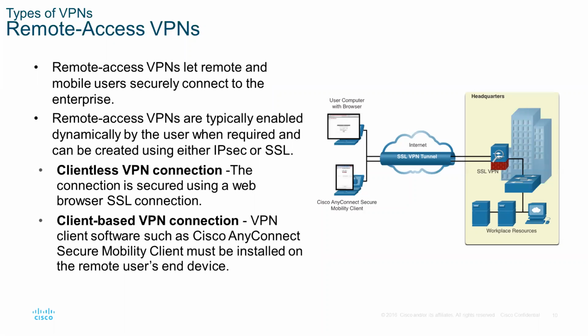In this example, we're using an SSL connection to secure our web browsing, and the connection is client-based. The software is on the client machine, such as Cisco AnyConnect, and this provides secure mobility and must be installed on the end user's device.